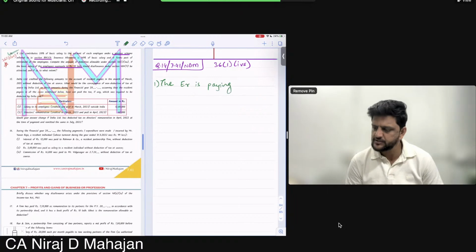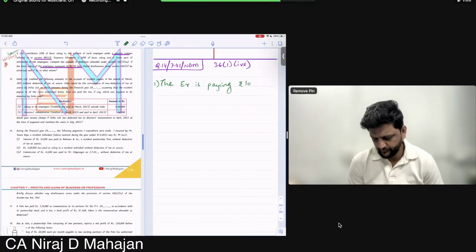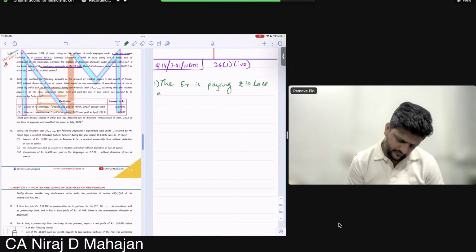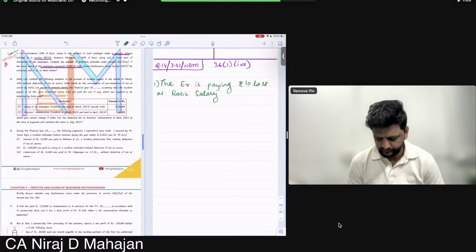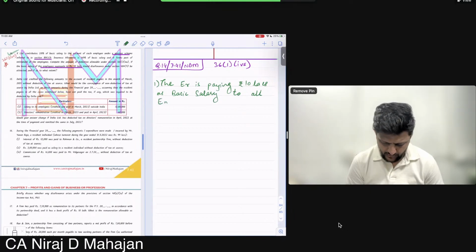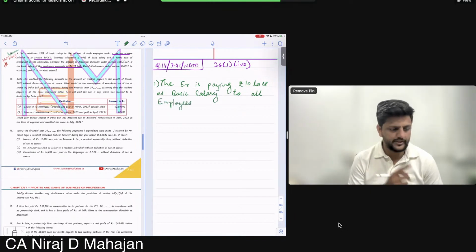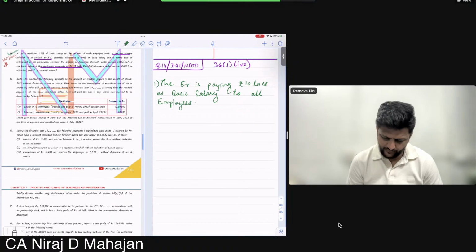The employer is paying rupees 10 lakhs as basic salary to all employees.